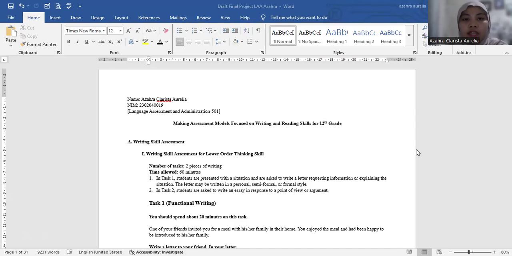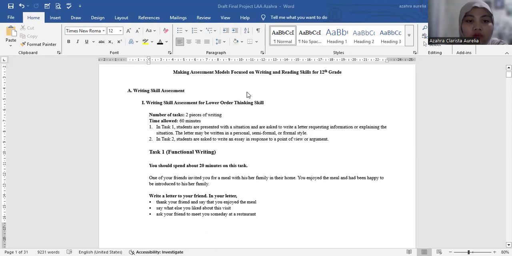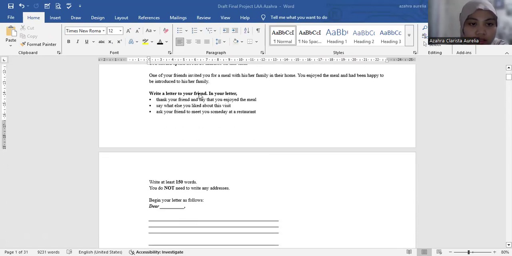First, I will explain the writing skill assessment for LOTS. I will start from task one. In the writing skill assessment, there are two tasks for 60 minutes. And this is the first task.